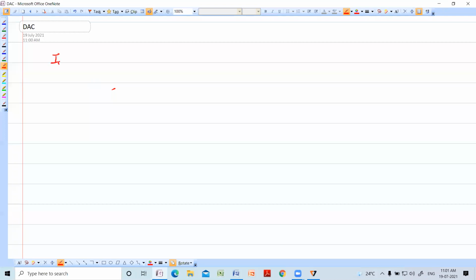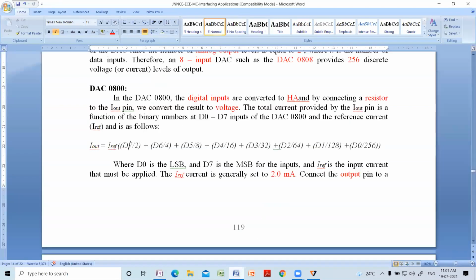So I out is equal to I ref into, in a curly bracket here, this you have to understand very, very clearly, that formula: D7 by 2, LSB to MSB.